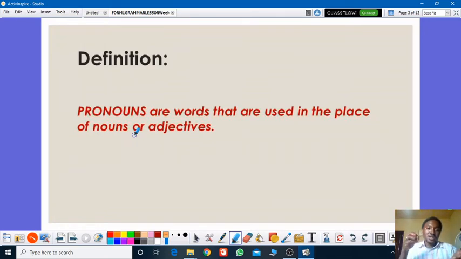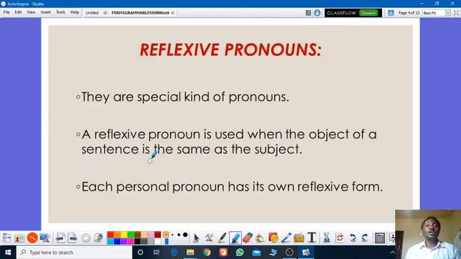You take a word which is a noun and replace it with a pronoun. A noun or adjective, take the name and replace it with a pronoun. So that is the definition of a pronoun.